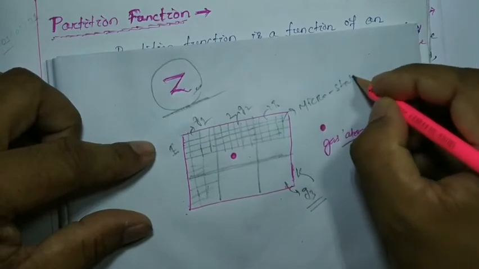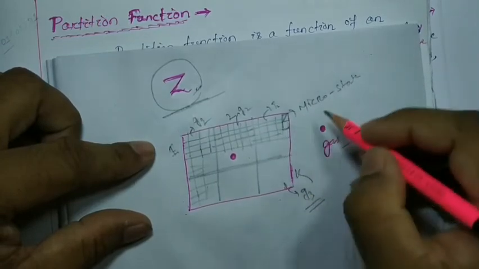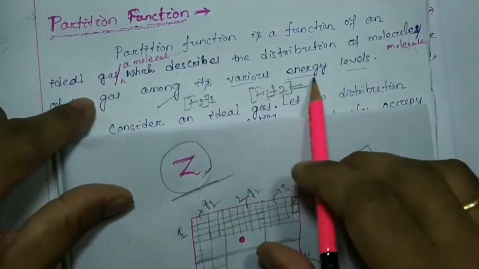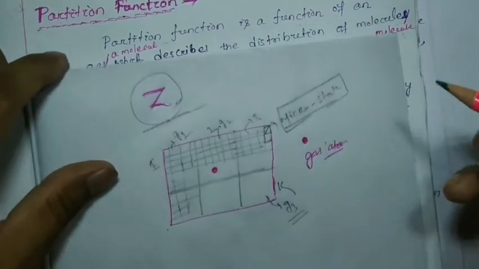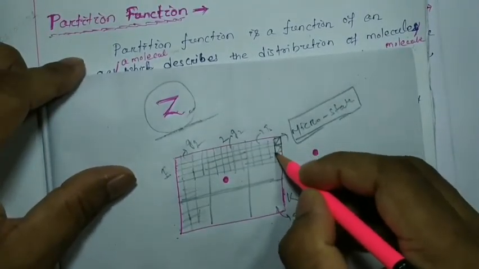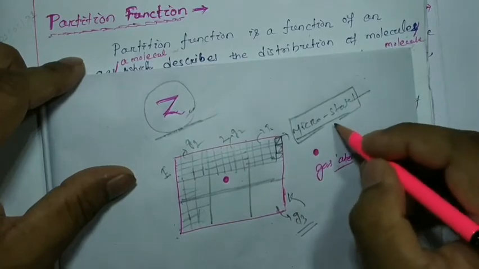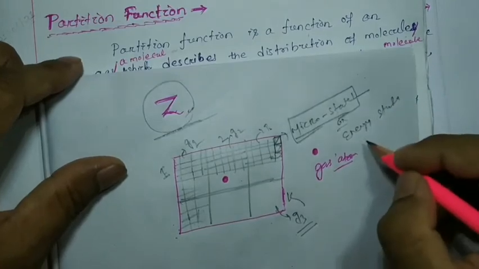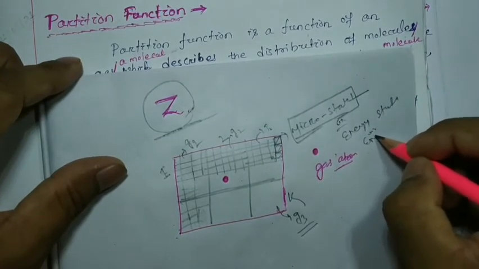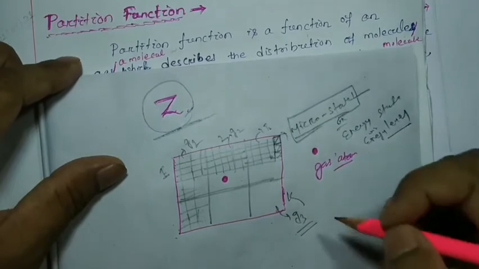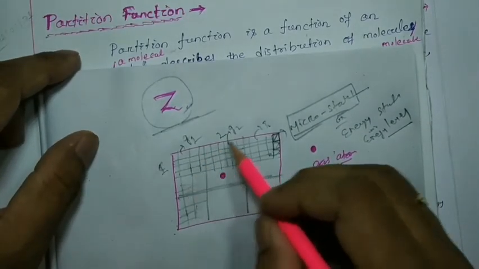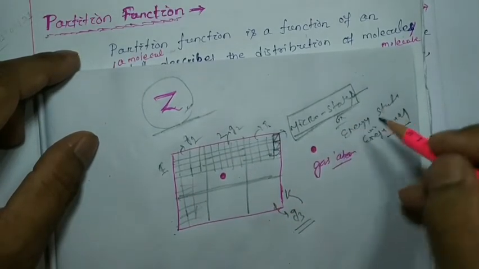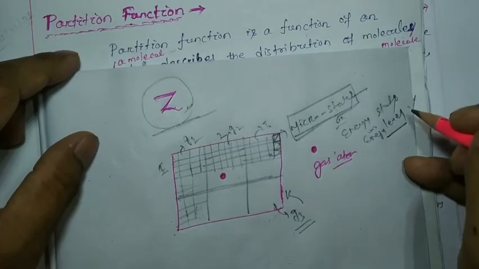Each and every cell is called a microstate, or the so-called energy state or energy level. Now this particle is going to be distributed among these microstates, or energy states, or energy levels.